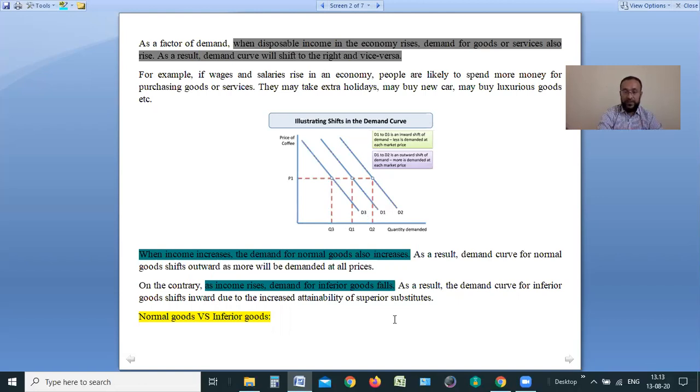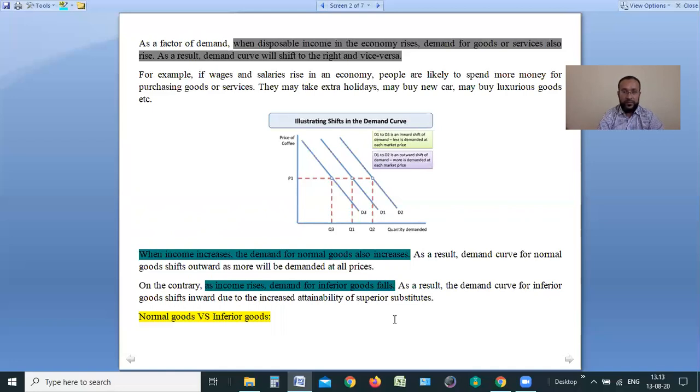Okay, so this is all about the impact of the change in disposable income on the demand curve. Another topic is related to this disposable income. Depending on this increase and decrease in the disposable income, we can categorize different goods into two types: normal goods and inferior goods.